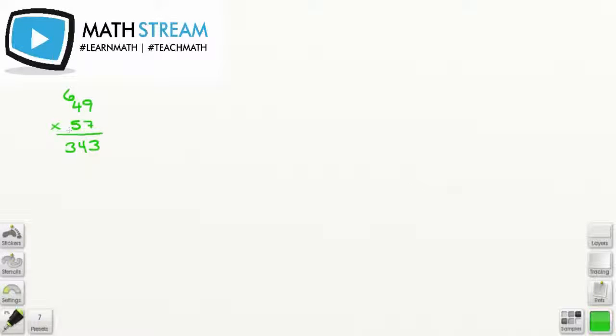Then we go to the next digit, the left digit here. Before we get started, we always put a 0 here as a placeholder. Then we say 5 times 9 is 45. So I don't get confused, I cross out the 6, I say 45, then multiply 5 times 4 plus 4, so that's 24.